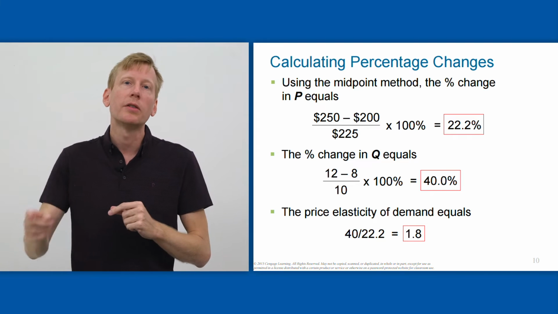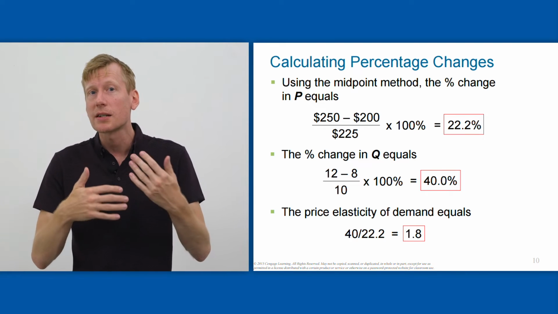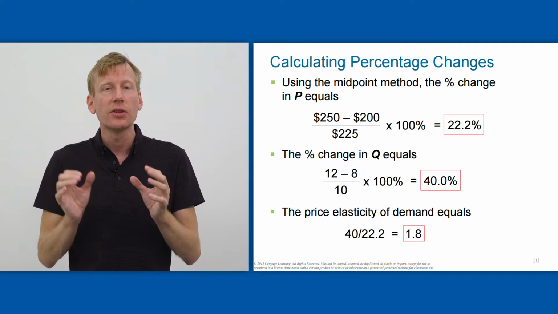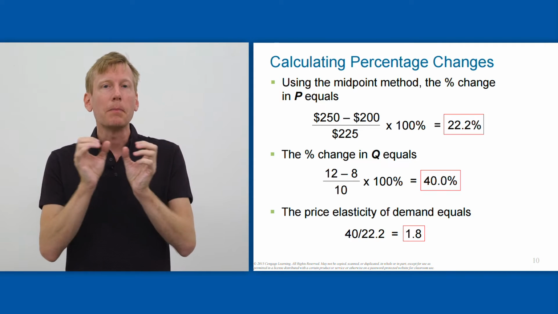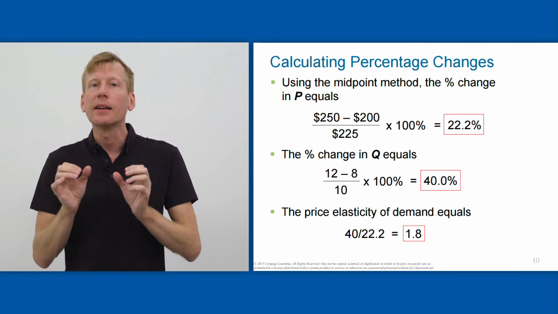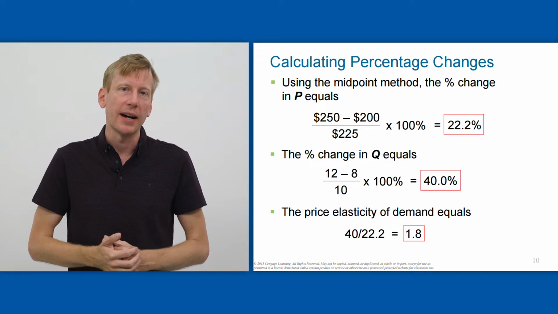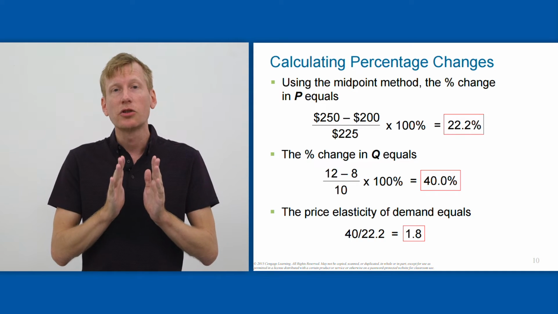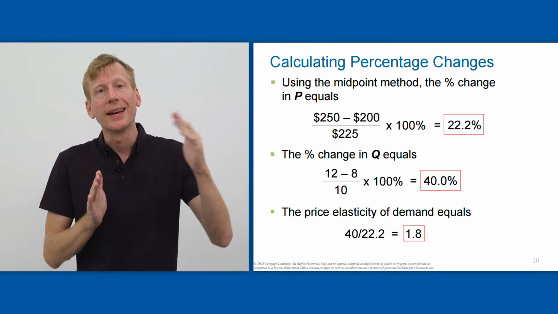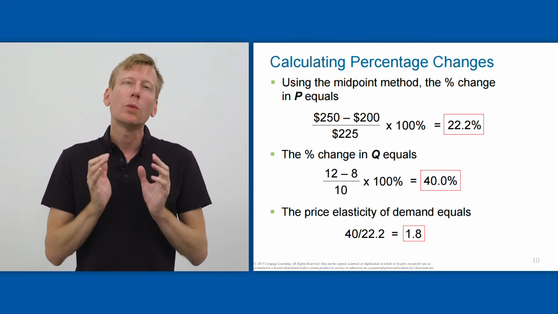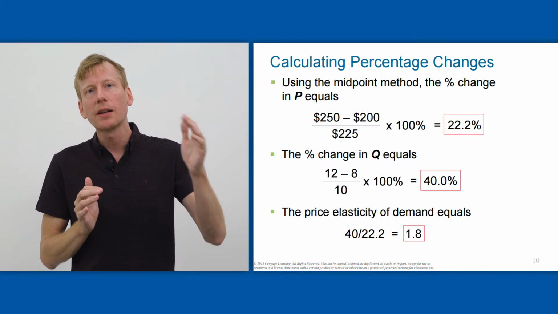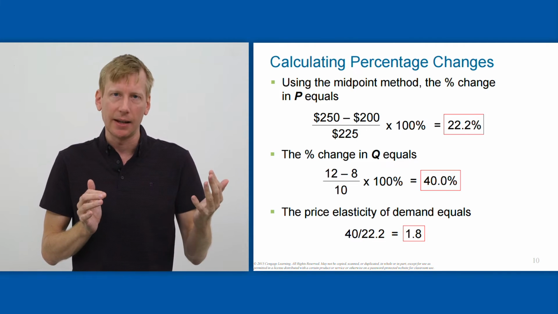And then as we move in the other direction and we switch which point is the start and which point is the end, we would calculate that percentage change as 200 minus 250, again, divided by 225. And in both cases, we would have the same percentage change as we move from A to B or B to A. And as a result, we'll wind up with the same value for elasticity as we move from point A to point B or point B to point A.